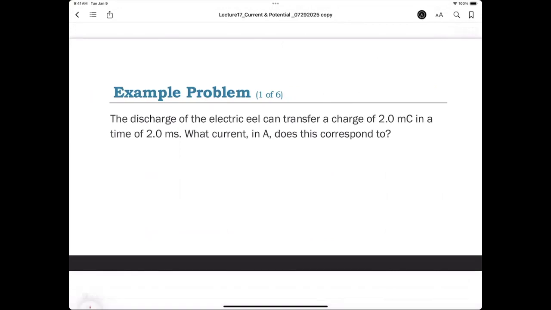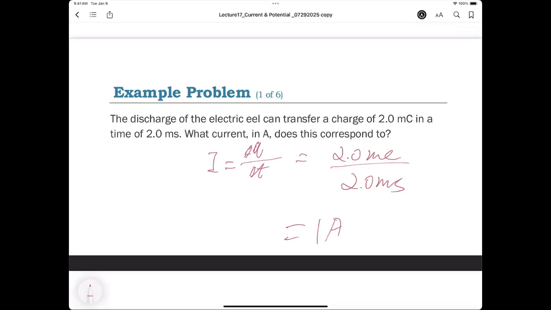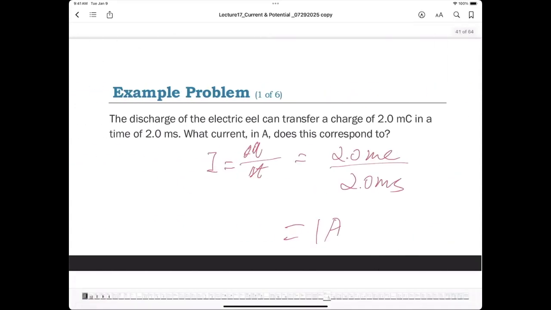I think this is quite easy, because we know I equals delta Q divided by delta T. The delta Q is 2 mC, and the time delta T is 2 ms. So which means it is 1 A. That makes sense to you? I will leave this to you. You can recalculate this. If you have any questions, let me know.